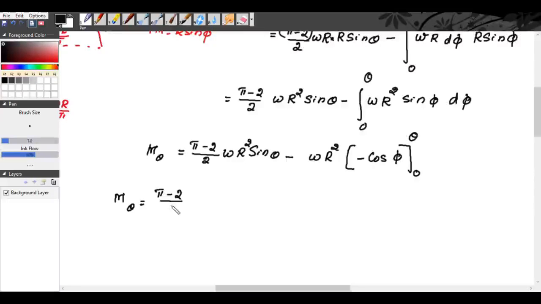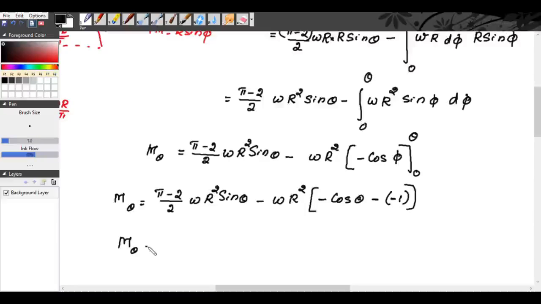So this is equal to (π−2)/2 WR² sin θ minus WR² into, so φ is replaced by θ. So minus cos θ minus of minus cos 0. Cos 0 is 1. So you get 1 minus cos θ here. So Mθ is equal to, you can take WR² common outside.